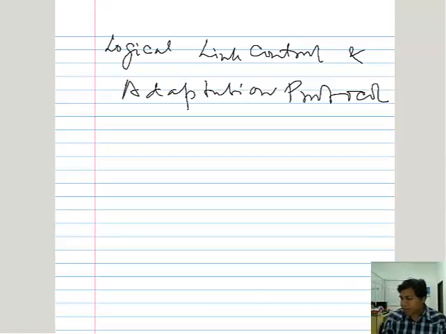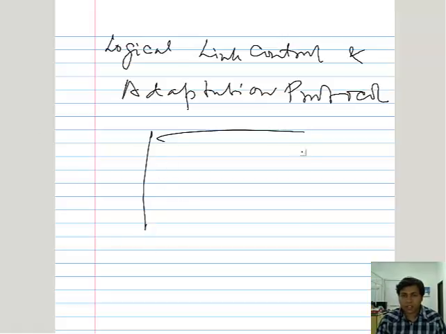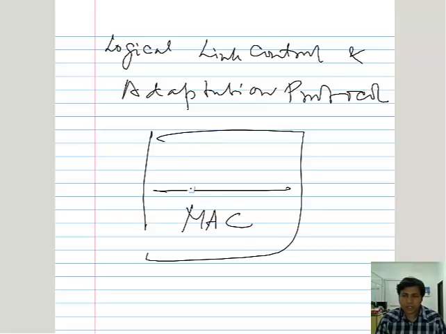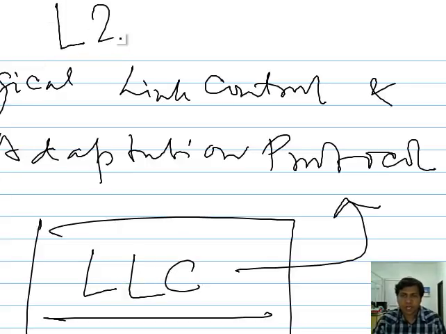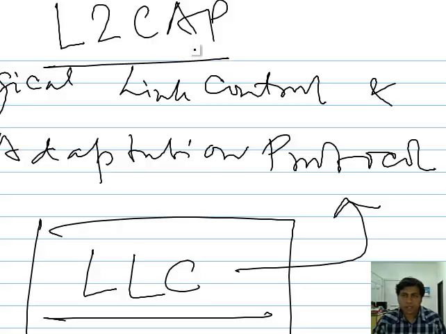Normally in the data link layer, we have two sublayers: one is called MAC and one is called LLC. The task performed by L2CAP is basically the job of LLC. L2 means logical link, and the full form is logical link control and adaptation protocol.